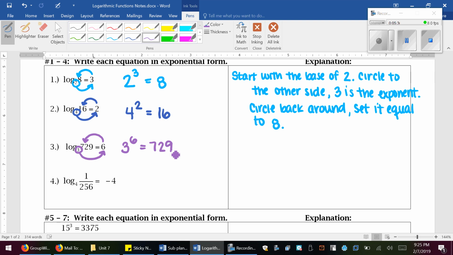So now would be a good time to pause the video, try number 4 on your own, write an explanation over on the right, then unpause it and see if it matches my answer. Start with the base.